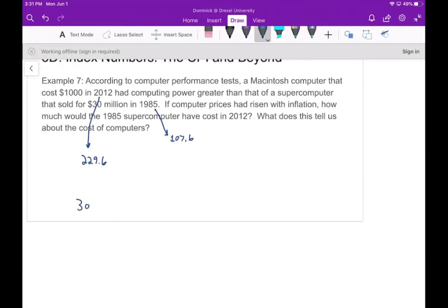So this means that I should be able to take $30 million and multiply that by 229.6 over 107.6. That would give me the cost of the computer today, which is obviously going to be much more than 30 million. So if I take 30 million and multiply that by 229.6 over 107.6, I'm going to get $64,014,869.89.